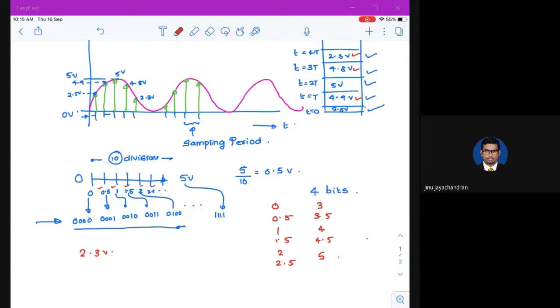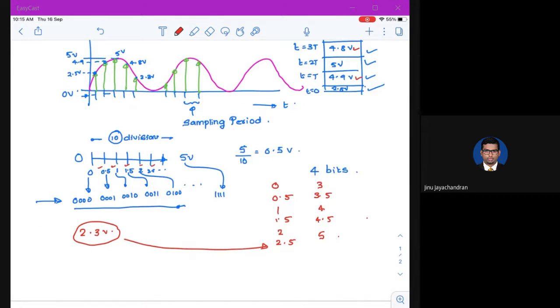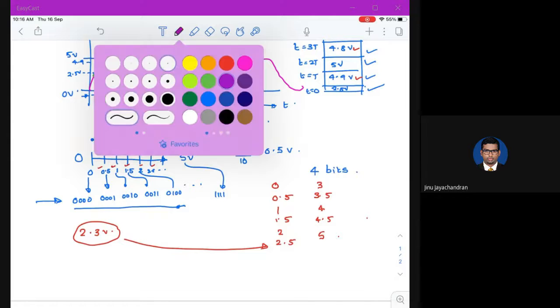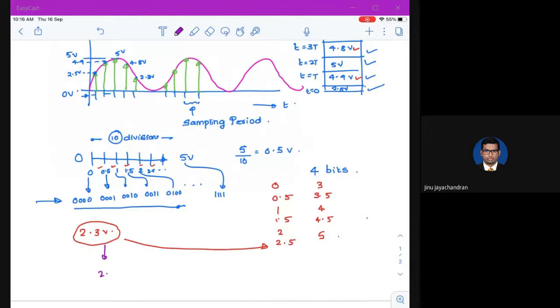So when you sample and get a value like 2.3 volt, you will see among these divisions what is the nearest value. You can see that the nearest value is 2.5. So this 2.3 will be changed to 2.5 volt, or you can say that there is an error of 0.2 volt.